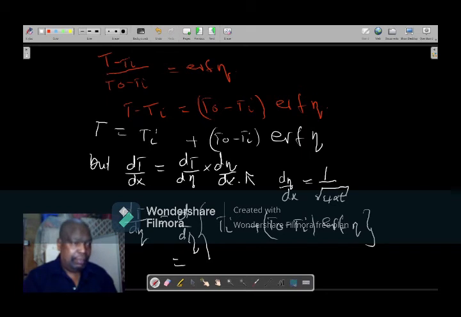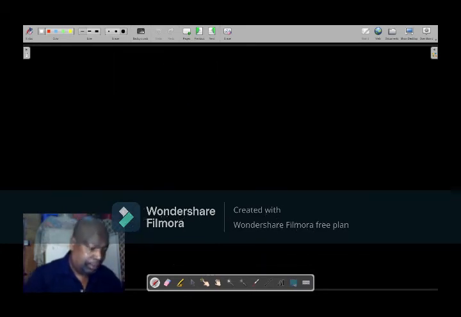And that definitely will give us d by d eta of Ti is 0, because Ti is a constant, so we'll have (T naught minus Ti) times d by d eta of the error function of eta.